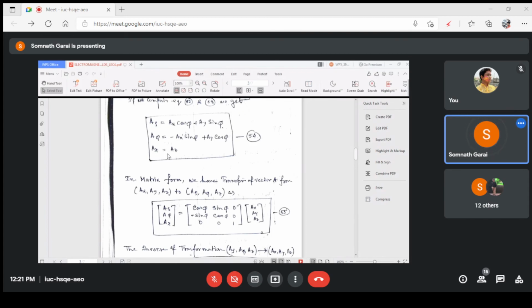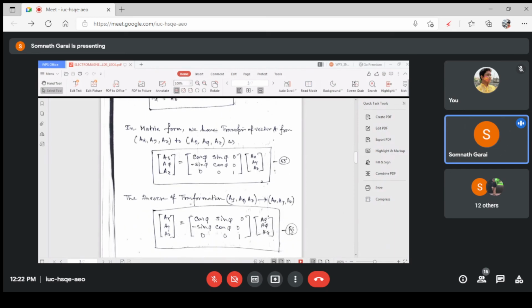We can write this az equation with 0 into ax, 0 into ay and 1 into az. So the components of ax and ay in the third equation are 0, 0, and for az it is 1. That's why this row is 0, 0, 1. Clear? Yes, sir.